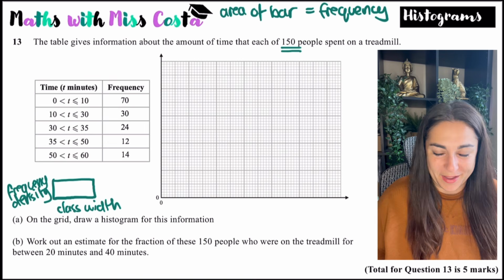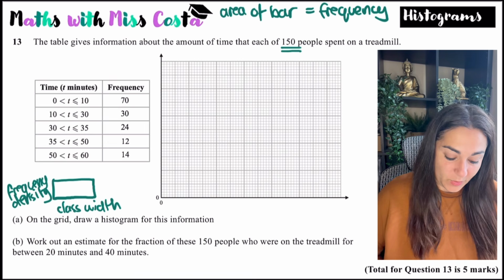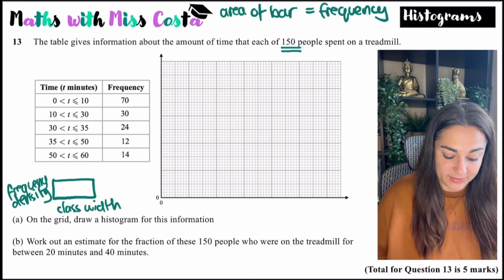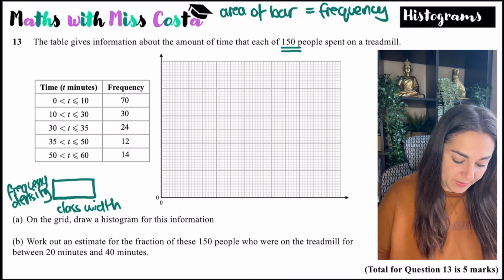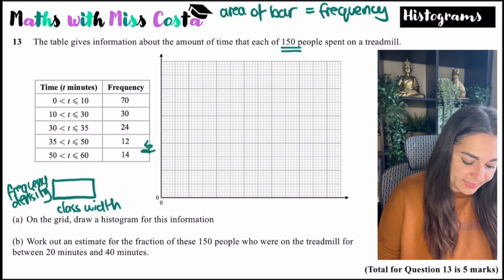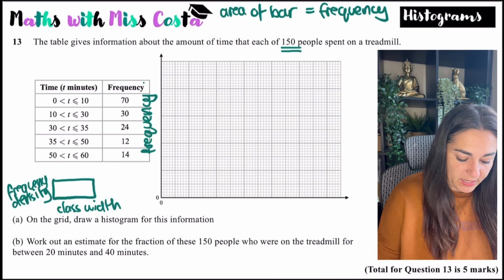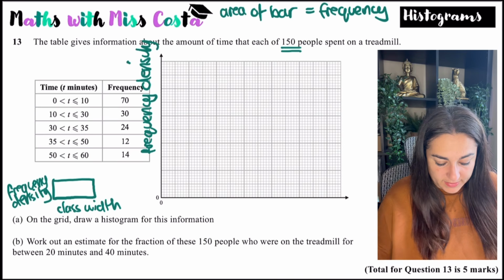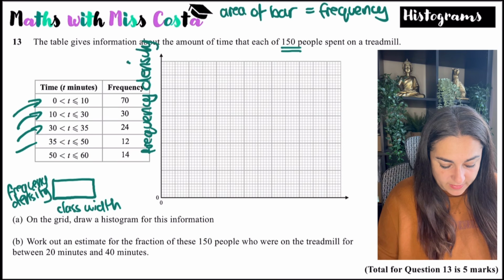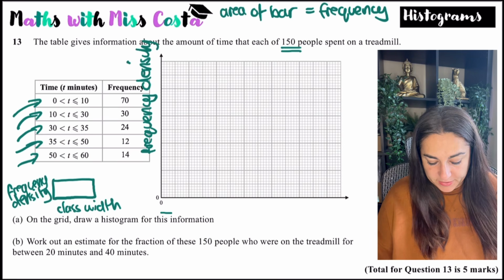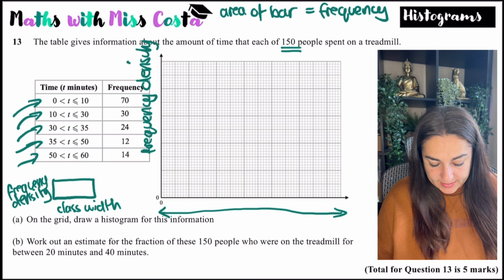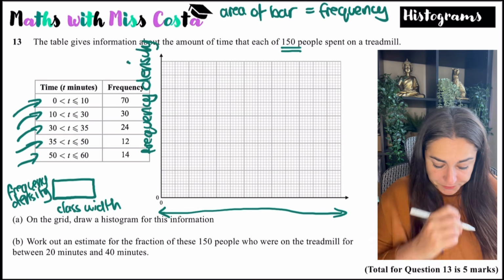That's actually not that helpful if you didn't know where the frequency density and class width are on a histogram, but it's still something. On a histogram, our frequency density is always going to be the y-axis, and our class width, which are these class intervals here, is going to be your x-axis scale.